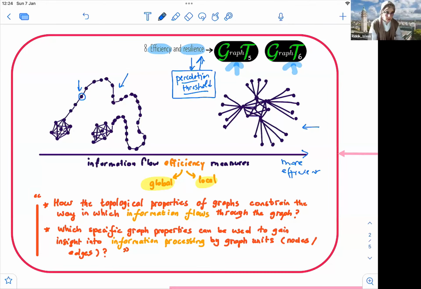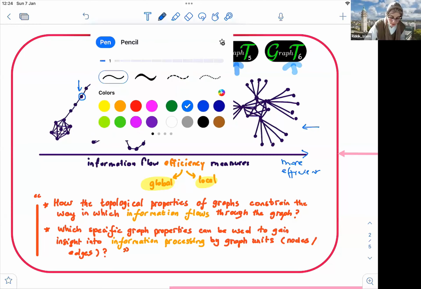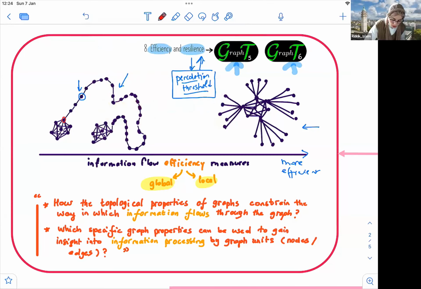All right, as I explained earlier, how do we calculate efficiency? By checking the speed at which the information will go from one region to another, from one node to another node. So here it takes a long time, but if you want to go from this node to this node, you just need to go through this path and pass through what we call the core of the network, okay?